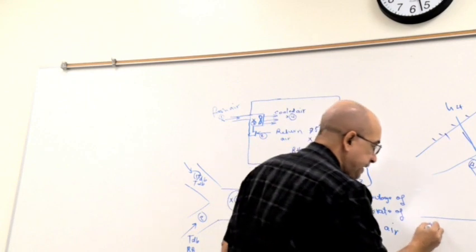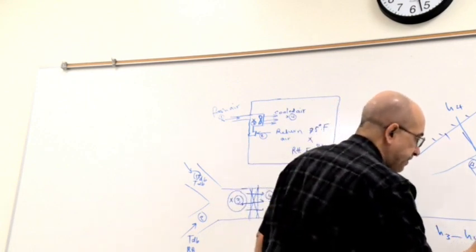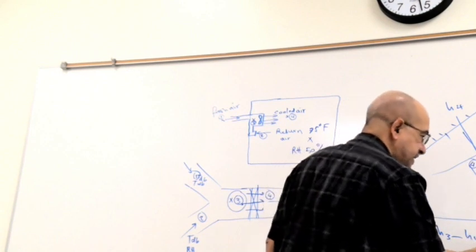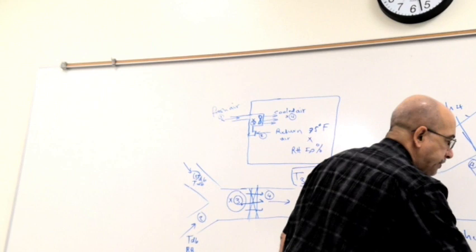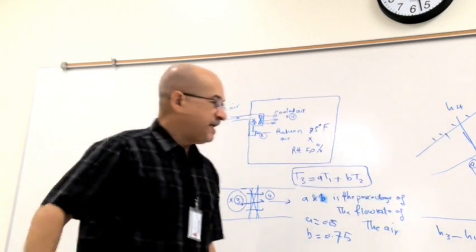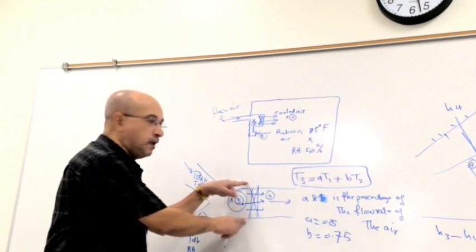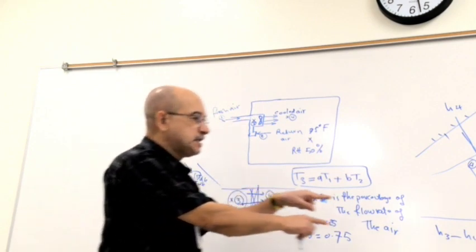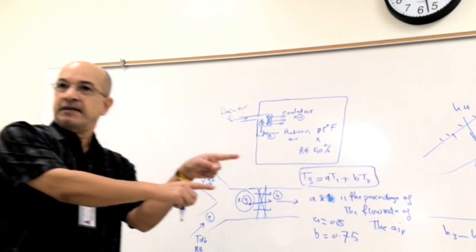H3 minus H4 will be the result in BTU per pound. What does that mean? Every pound passing through this coil will lose this amount of heat content.